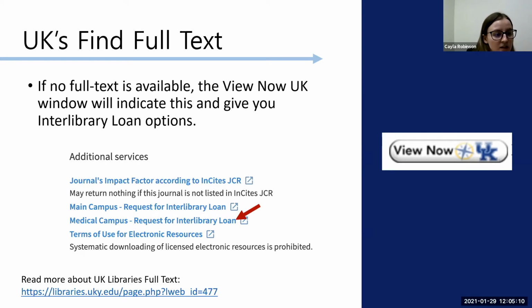This is what I mentioned when I said the library catalog page. The View Now UK button will take you to the library catalog, and if underneath that yellow bar it says no full text available, if you scroll down to our additional services, you'll see that we have requests for interlibrary loan.